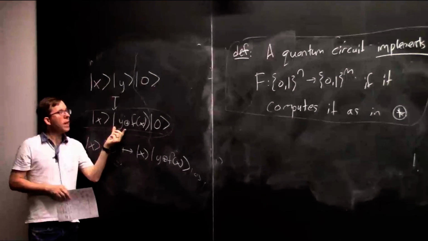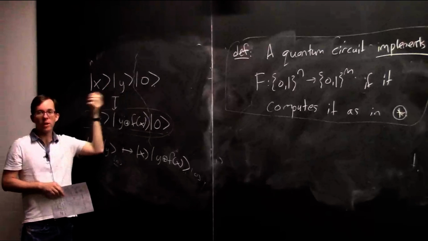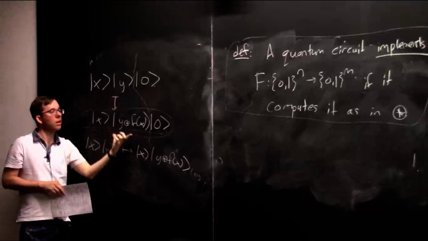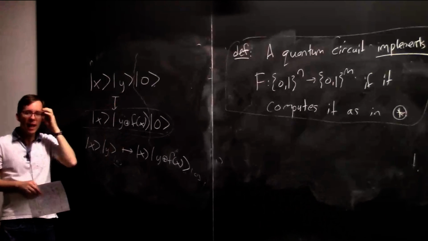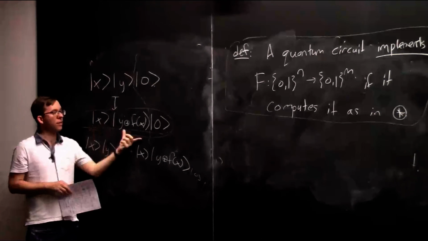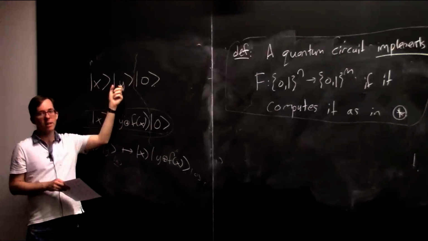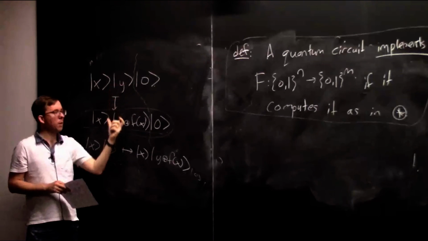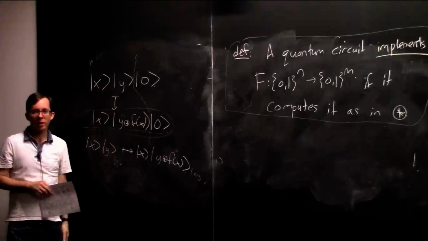But I wrote it this way to see that it defines a reversible computation. For any x and y here, you get something out here, even if you don't plug in zeros. That's one thing. And occasionally we'll use this to our advantage: not only do you get x and f of x if you set y to be 0, but if you set y to be 1, in the case of 1-bit output, you get the negation of f of x. Occasionally we'll actually remember and use that trick.